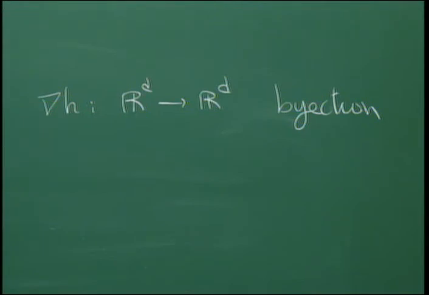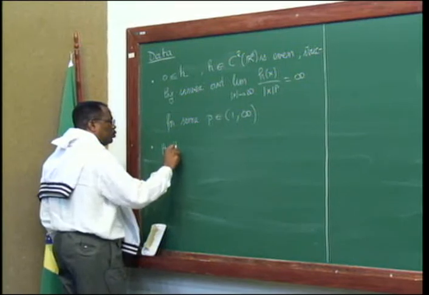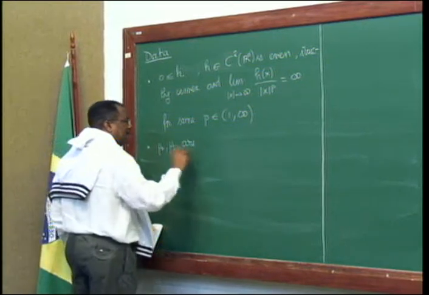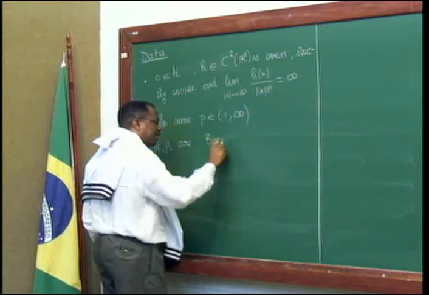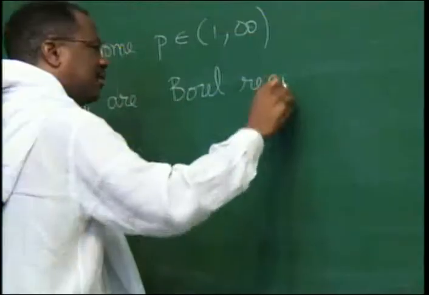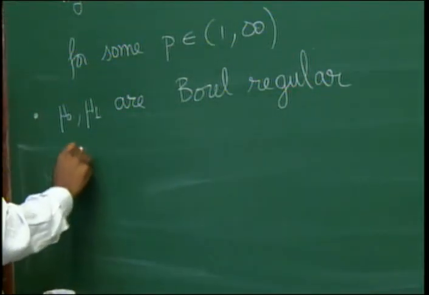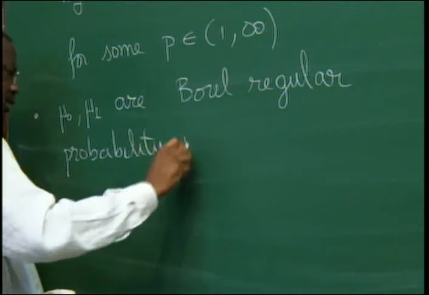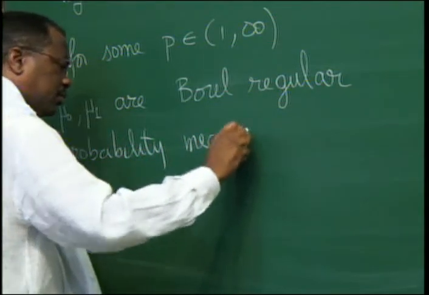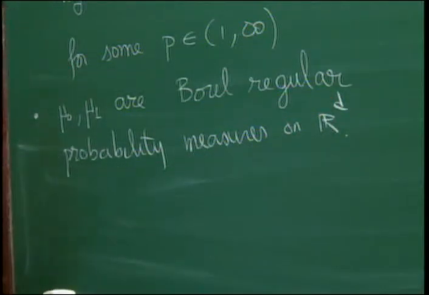So now I am going to assume that mu naught, mu 1 are random measures, so they are Borel regular probability measures on RD.